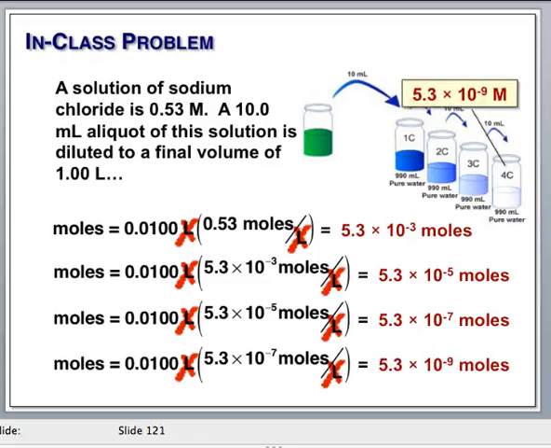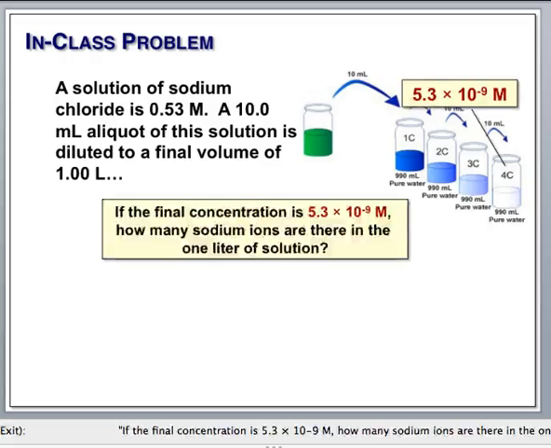Now, when you're doing serial dilutions like this, it's actually fun to think about what you've got in the pot when you're done. How many sodium ions are in this final pot? Oh, that's actually simple, isn't it?